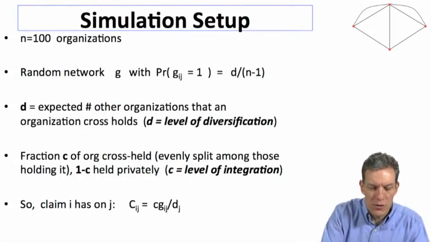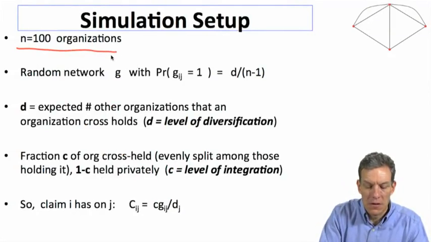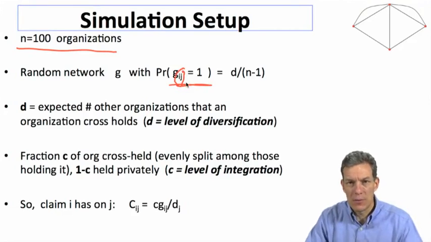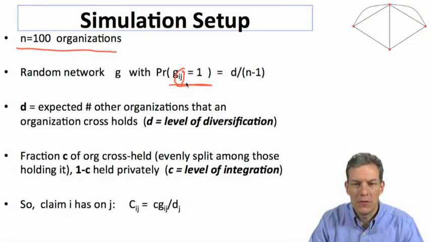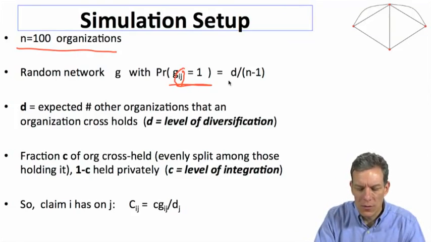And what we'll do is a simulation where we start with 100 organizations. We'll form a random network, a directed network, where the probability that i holds j is just some expected number of holdings D divided by n minus 1.